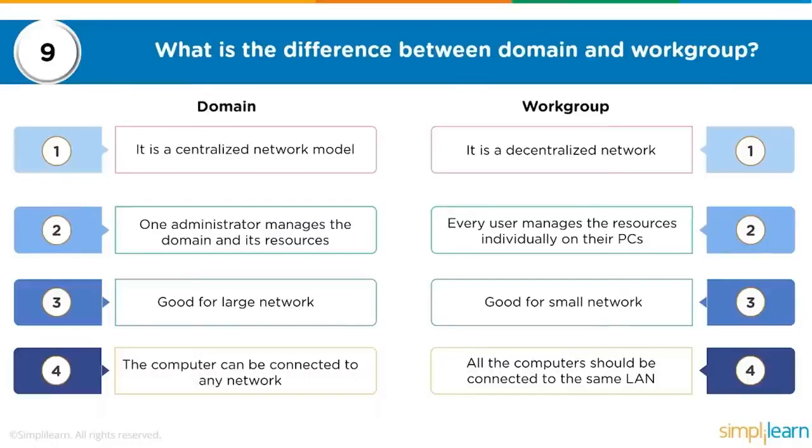So in a corporate environment, whenever you go there and you got a domain-based username and password, which when entered onto a particular machine gives you access to the entire network or whatever applications and whatever resources have been allocated to you, that is where the domain comes in. So it also uses a single sign-on mechanism for all the resources that are to be made available to you. Whereas in a work group, you're a local user only meant for that particular computer, right?